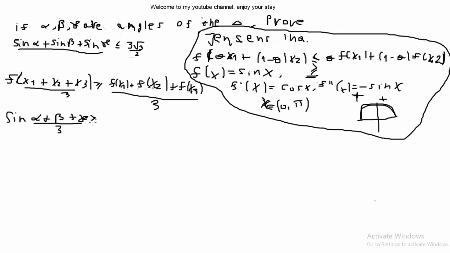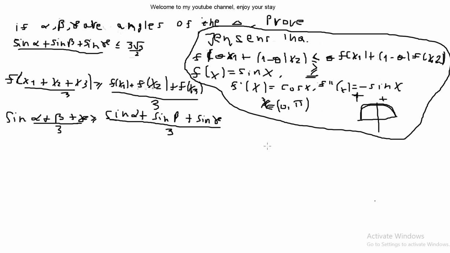So it's greater than or equal to sine of alpha plus sine of beta plus sine of gamma over 3. We have this from the inequality, and it holds because the function is concave on this interval.